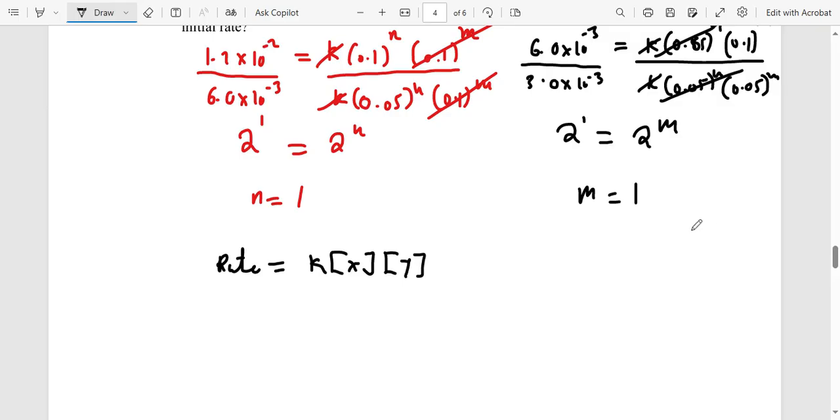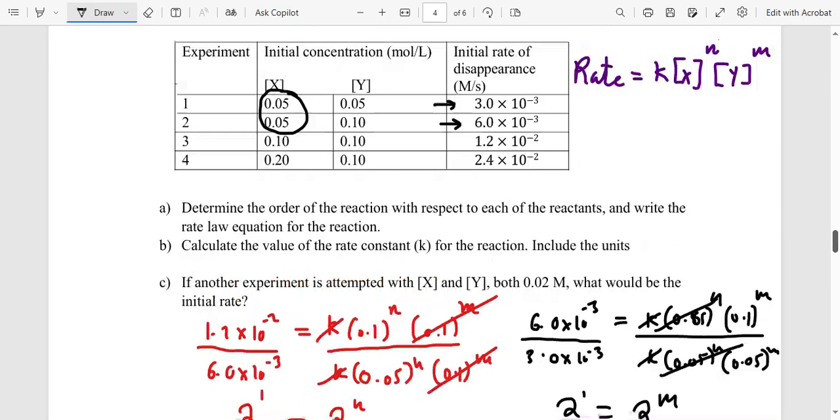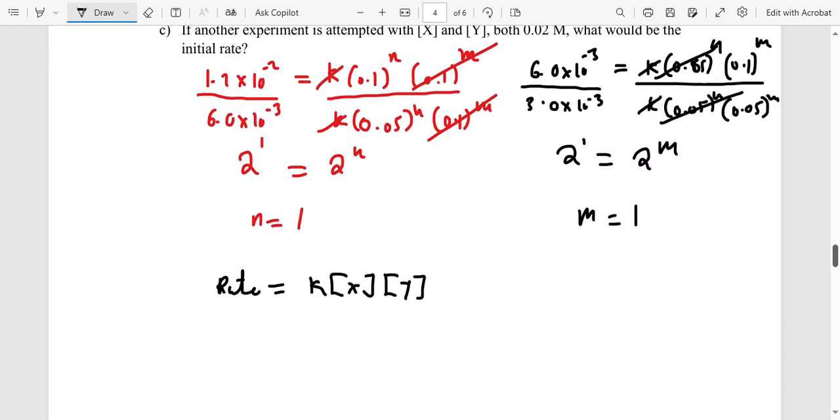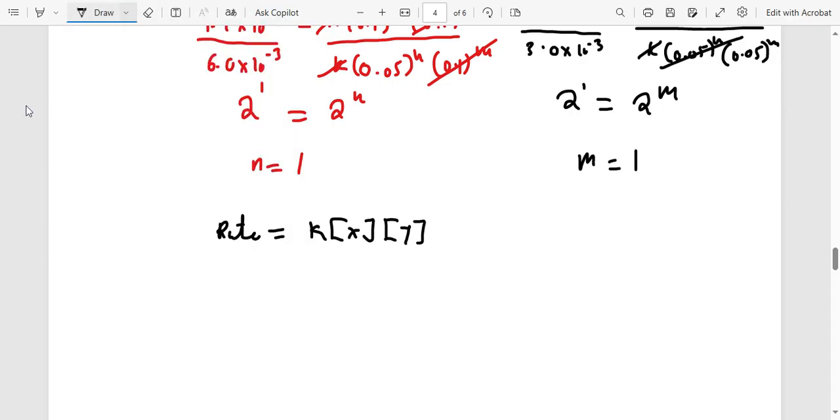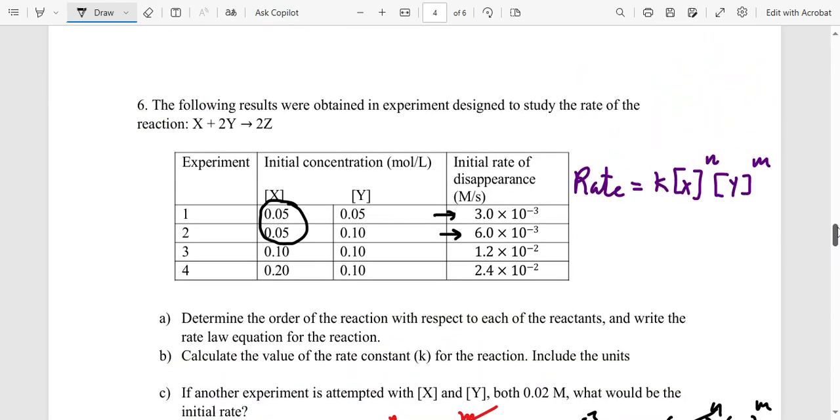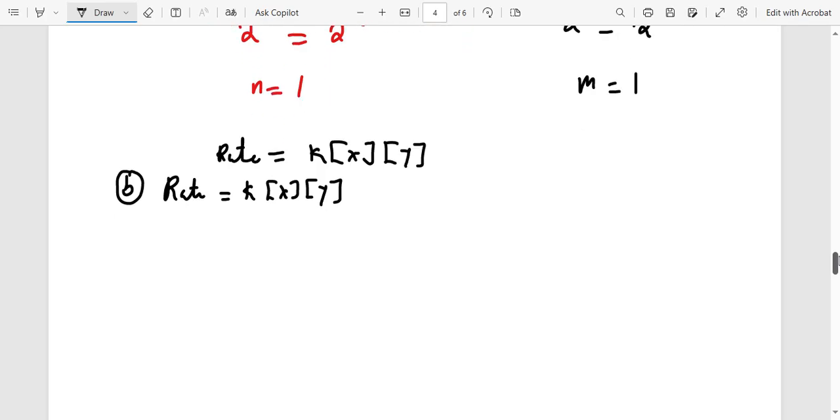And then B was saying, calculate the value of the rate constant. To find the value of the rate constant, you can use any one of the equations. So if we get equation 1, rate is going to be equal to, remember, K, X, Y. The rate for equation 1 is 3.0 times 10 to the power negative 3, and the concentration is both 0.05.